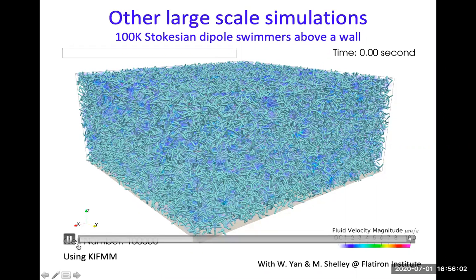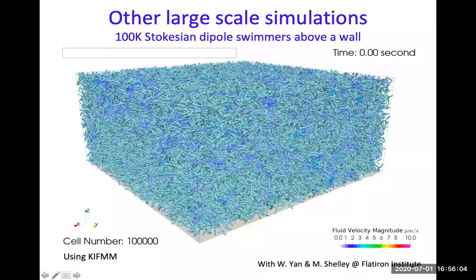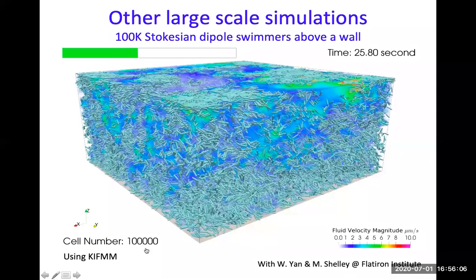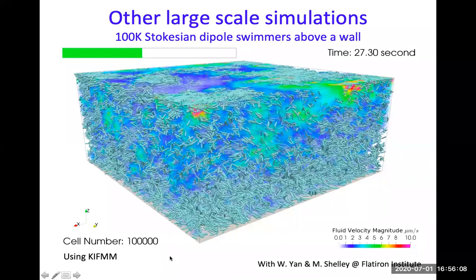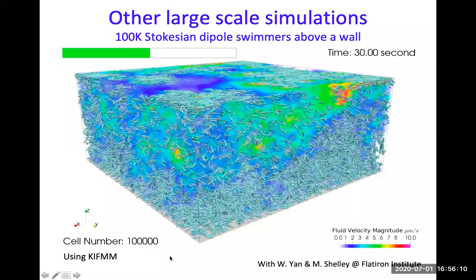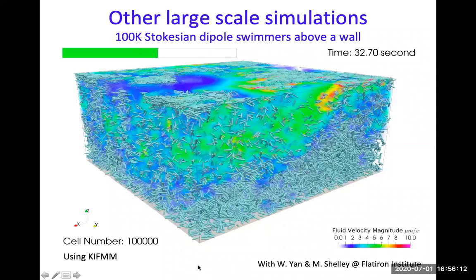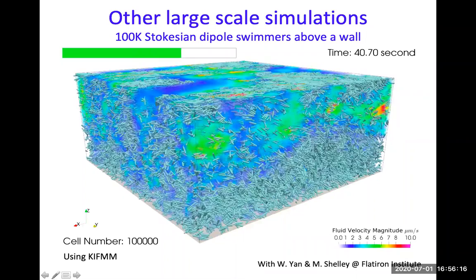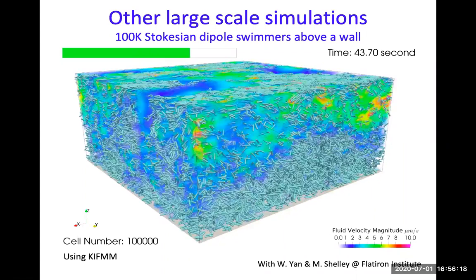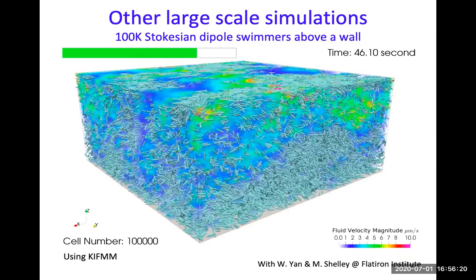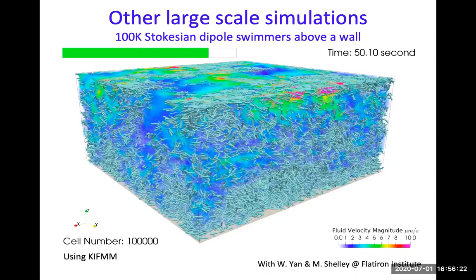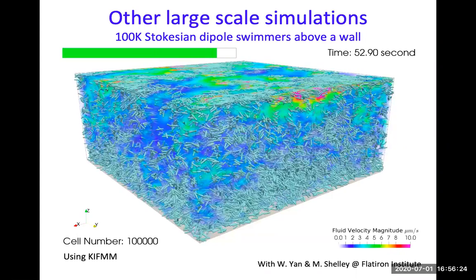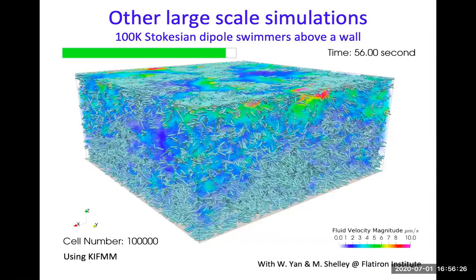And for the interactions, we use the kernel-independent fast multipole method. The video is very big, so I'm not sure how much it's transmitting. But you will notice this large-scale collective motion and plumes of swimmers. So there is a lot of aggregation near the solid wall, and then there are swimmers moving collectively, locally aligning and generating fluid flows on large scales.